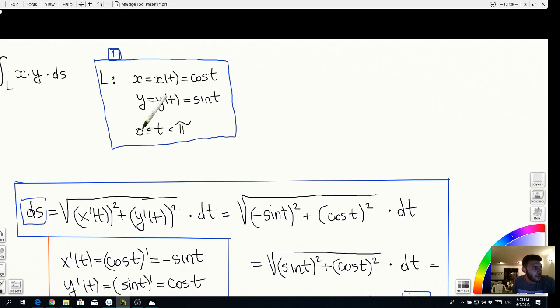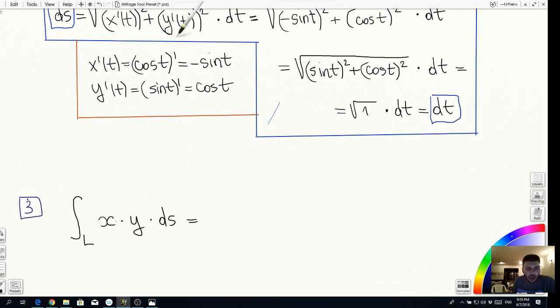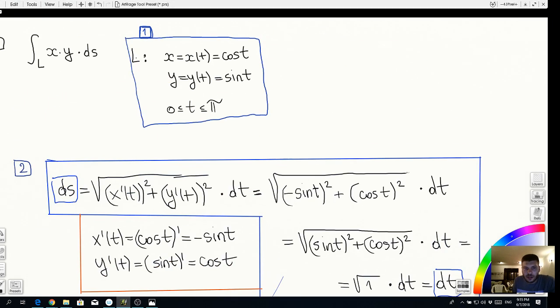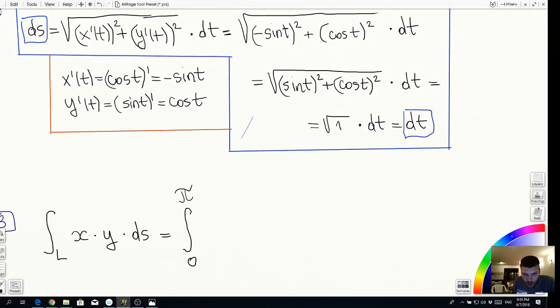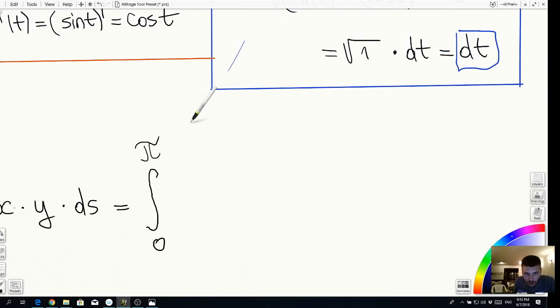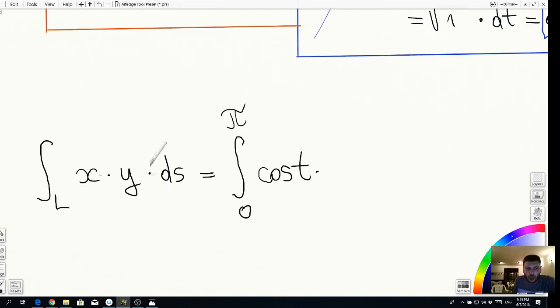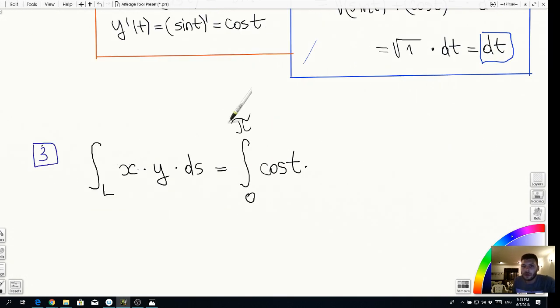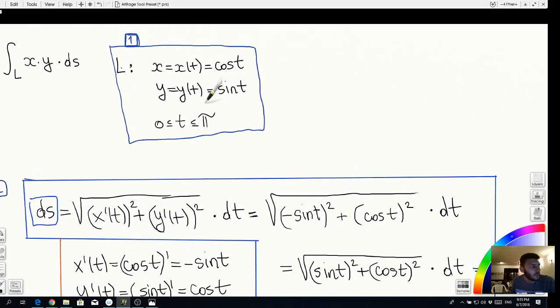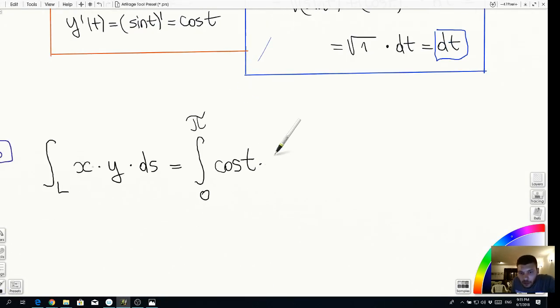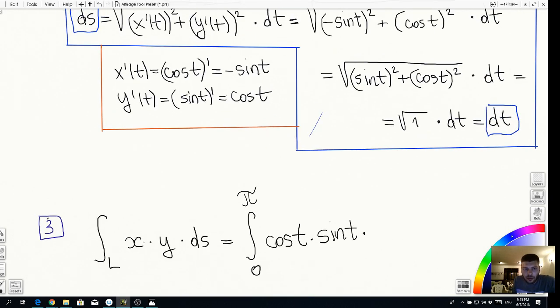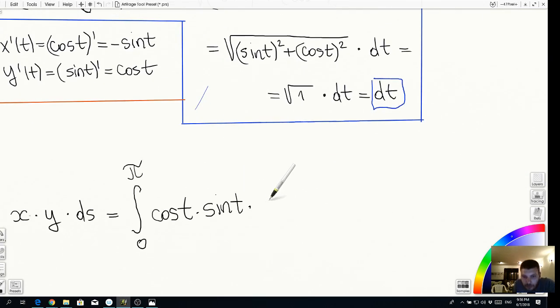Here t goes from 0 to pi, so a is equal to 0 and b is equal to pi. X is equal to cosine t, and y is equal to sin t, and this line element ds is equal to dt.